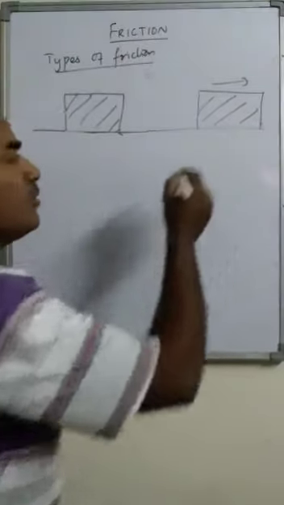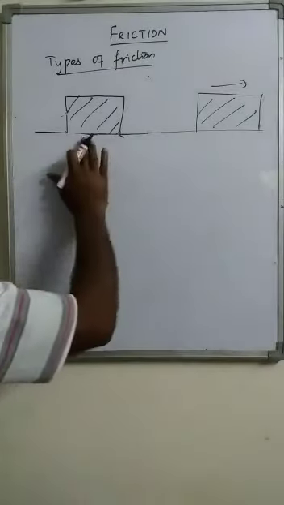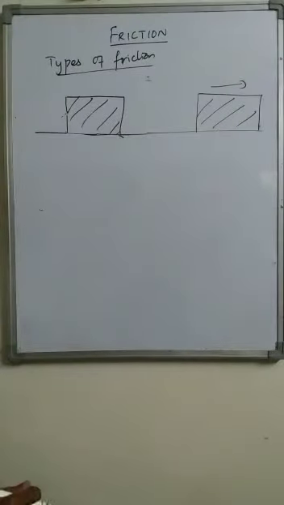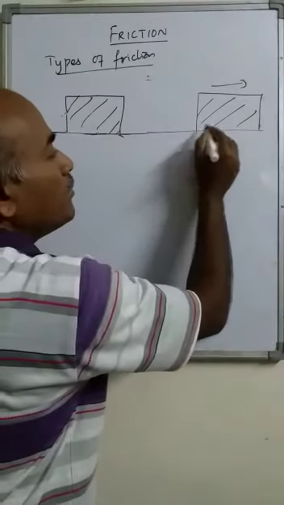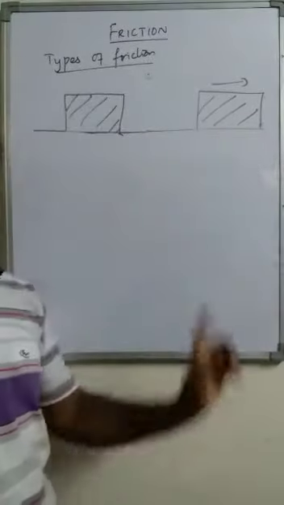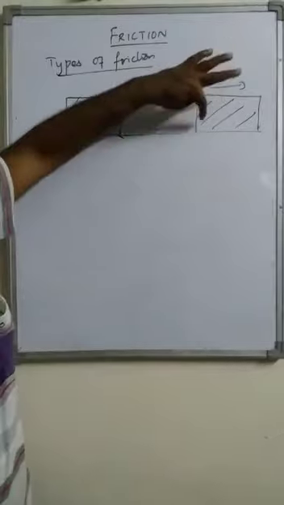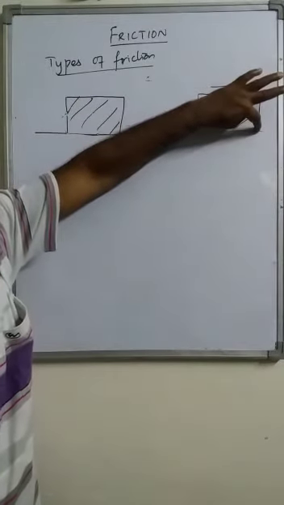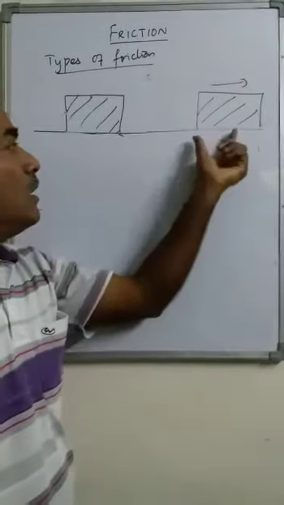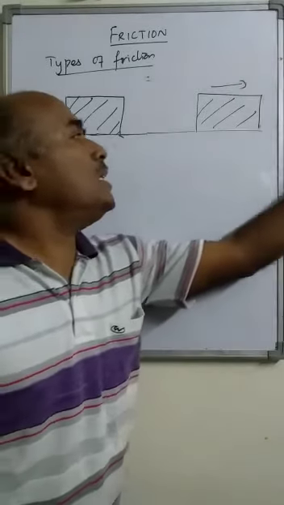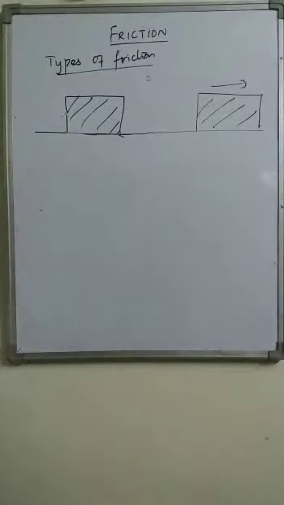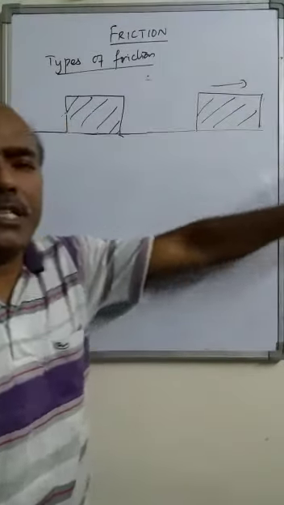But in sliding, what happens? The same block, when it is sliding, when it is moving on the surface, the surface of the block is moving on the ground. Here the same part of the block is in contact with the surface, but as it is moving, the surface of contact is continuously changing.